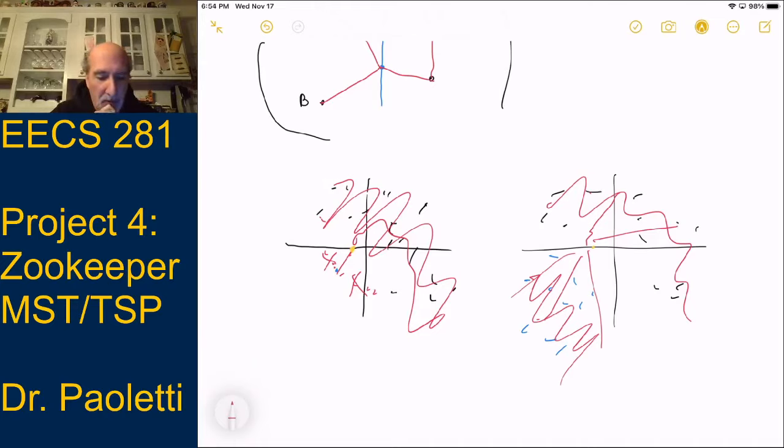Also, if I've got, let's say, 50,000 vertices, can I afford to have an adjacency matrix or a distance matrix? 50,000 squared is 2.5 billion. At 8 bytes each for a double, that's a 20 gigabyte distance matrix.